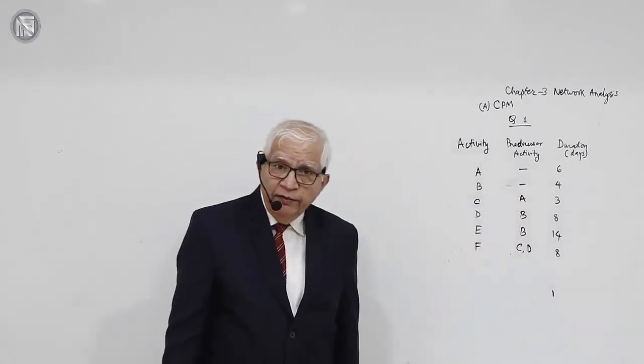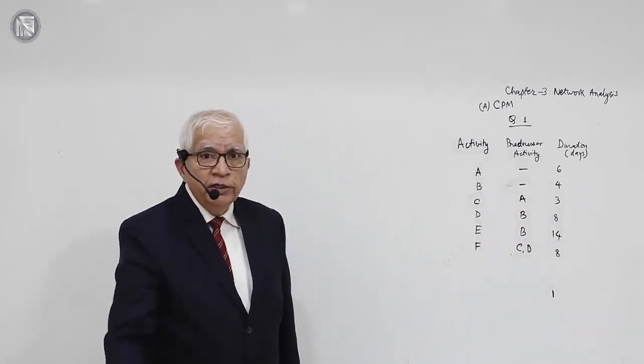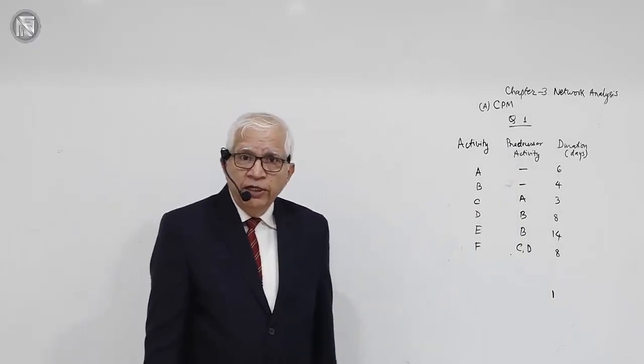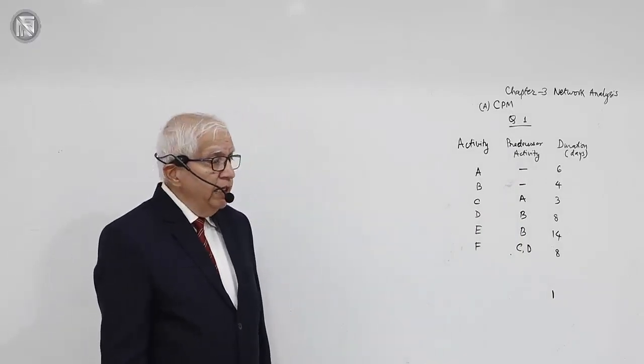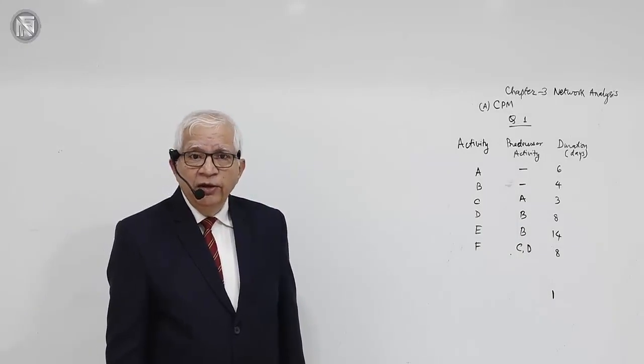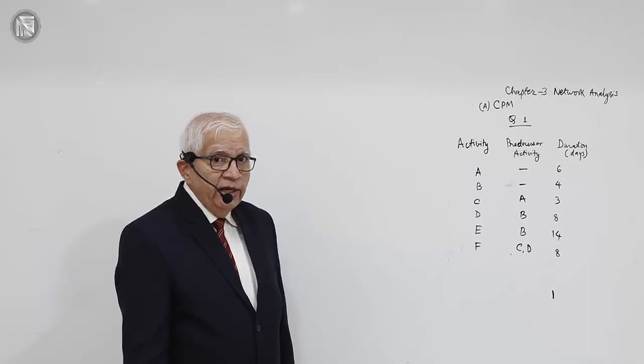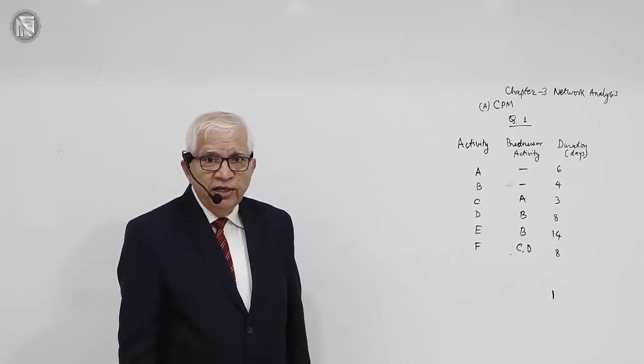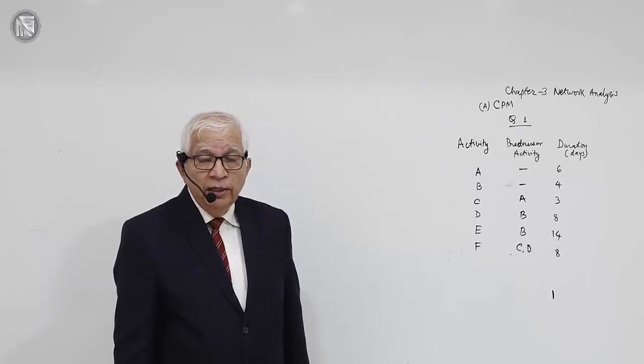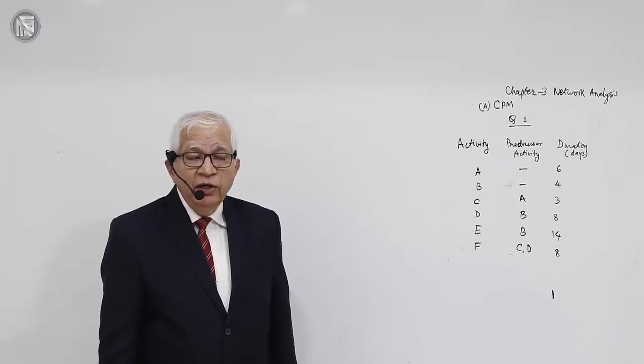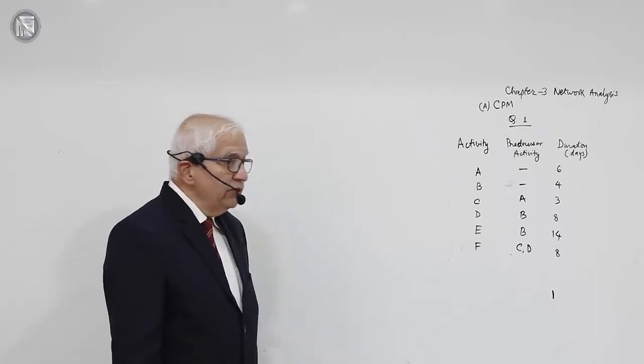Are there any activities here on which nothing depends? This information will be available if I scan the second column. Which are the activities missing in the second column? A is there, B is there, C is there, D is there. The names E and F do not feature in the second column.